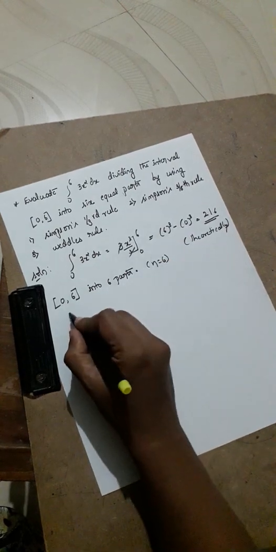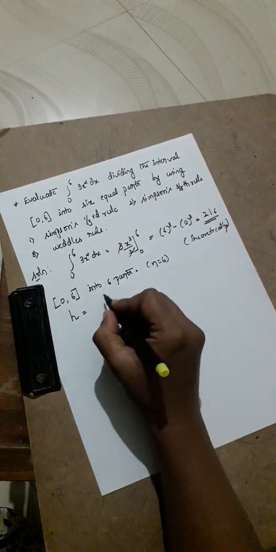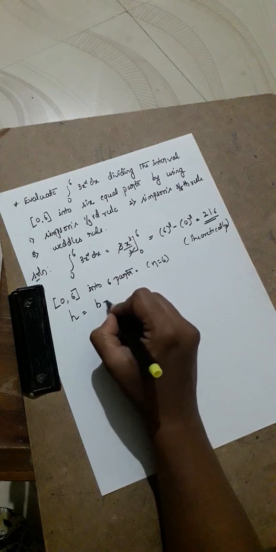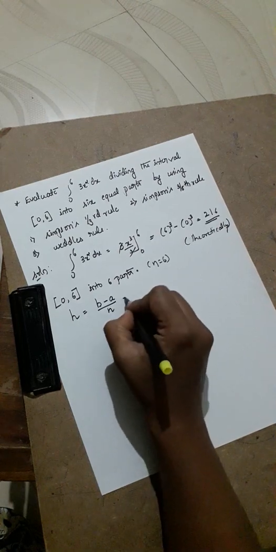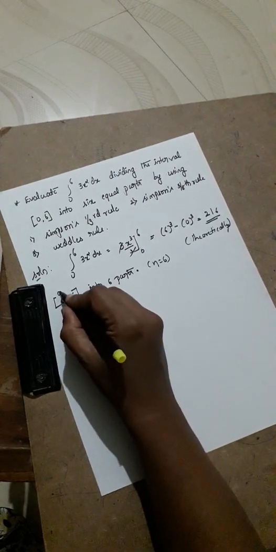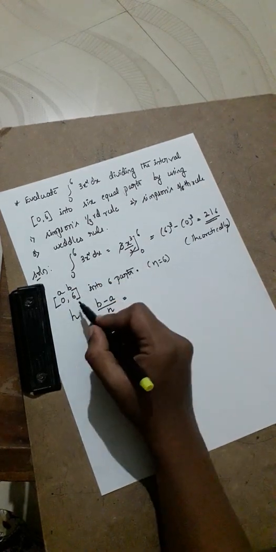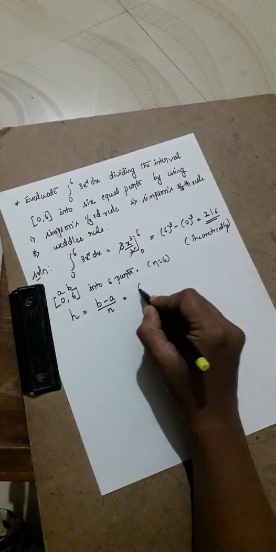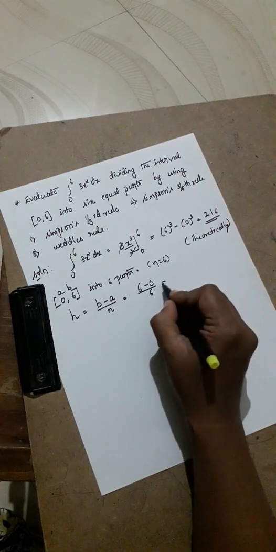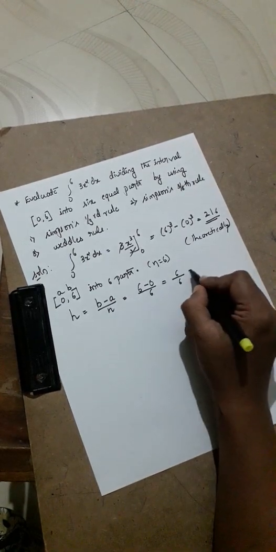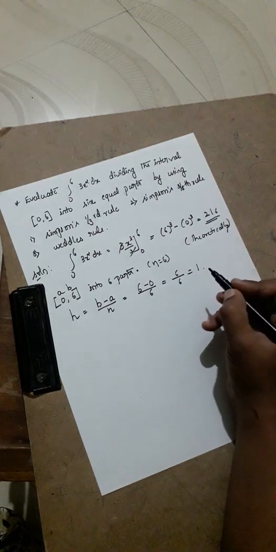Now we have to find the length of each part, h equals b minus a divided by n. The closed interval a, b is 0 and 6. So 6 minus 0 divided by 6 is 6 by 6, which is equal to 1.